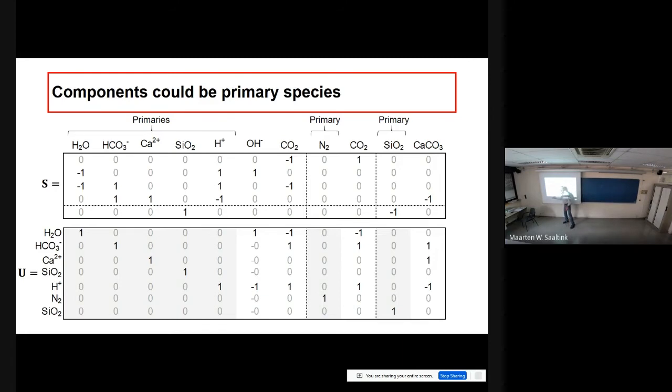So this is actually more used than chemical elements.